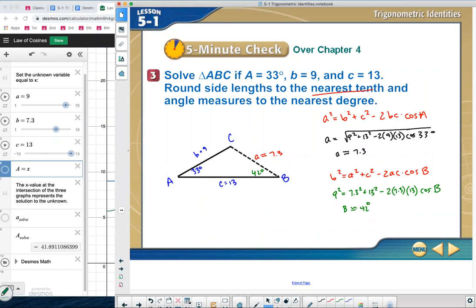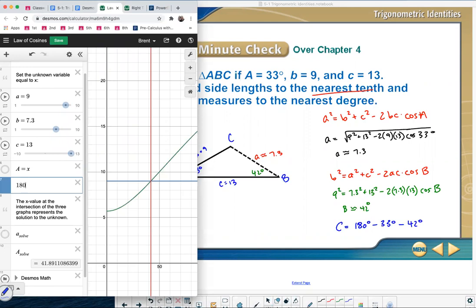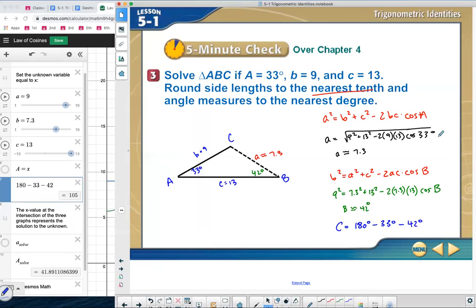So a shortcut is to find angle C. C is going to equal 180 minus the 33 degrees of angle A and minus the 42 degrees of angle B. So 180 minus the 33 minus the 42 leaves us with 105 for angle C. And that should be a squiggly because we rounded the B. That's not an exact value. So this will be not an exact value either.